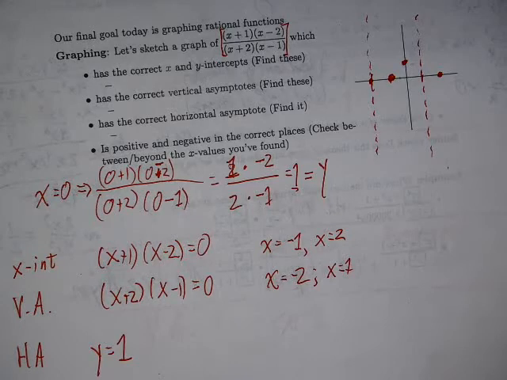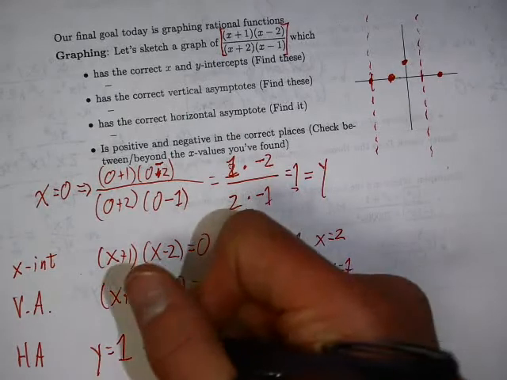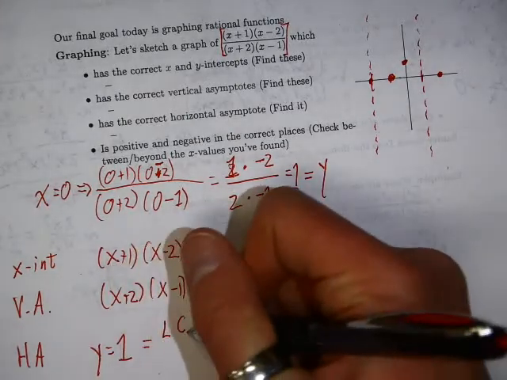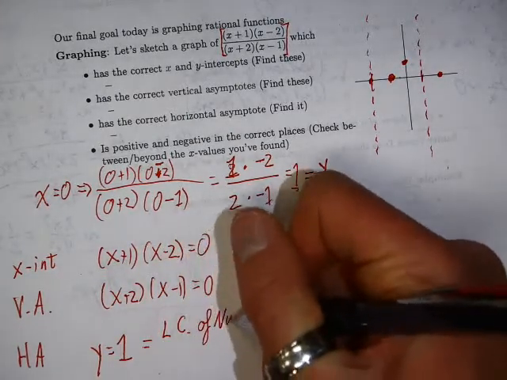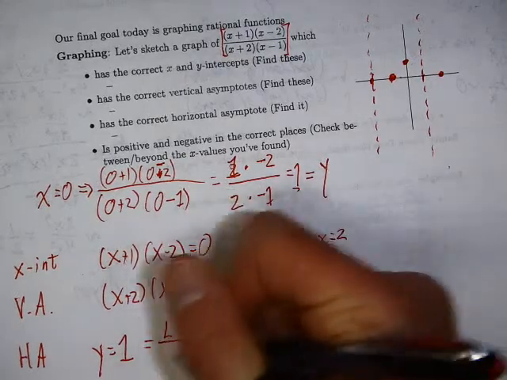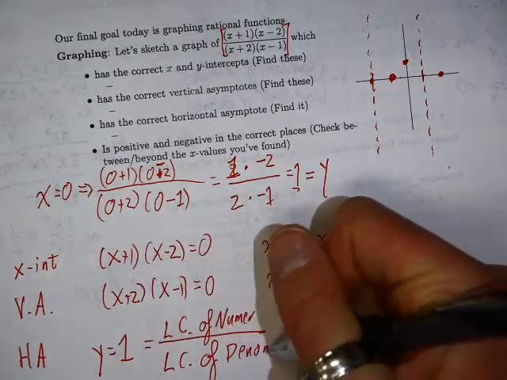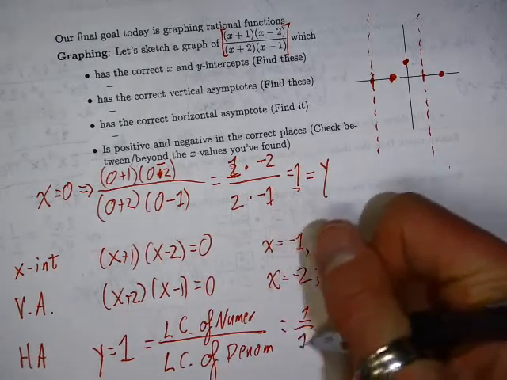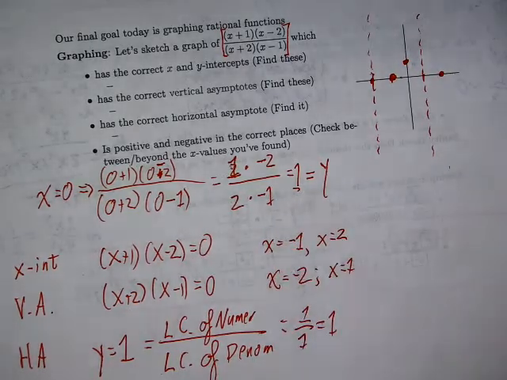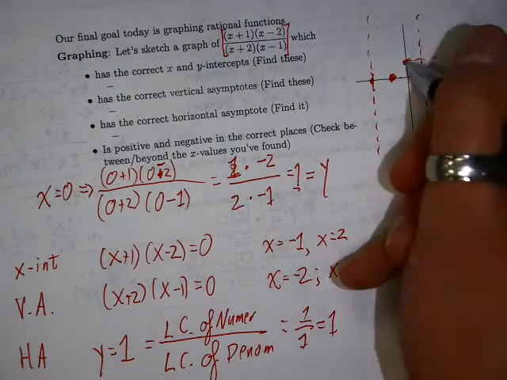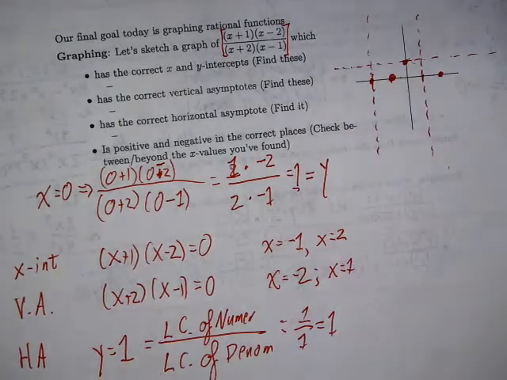Right, you would wind up with an x squared and some lower order terms. Same thing in the bottom. You'd see leading coefficient of numerator divided by leading coefficient of denominator, which is 1 over 1, which is 1. Either way, horizontal asymptote at y equals 1.